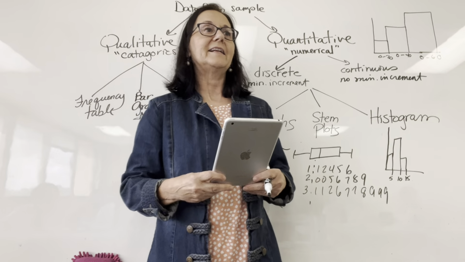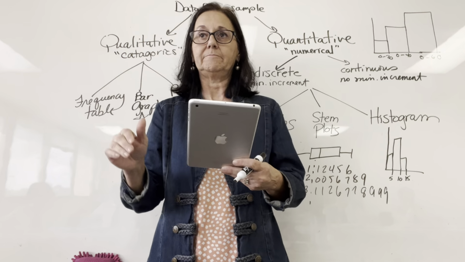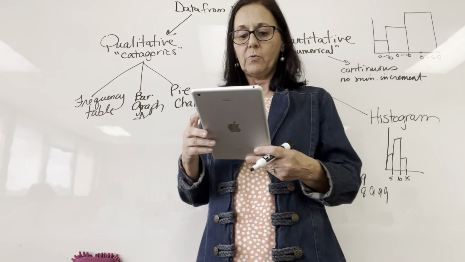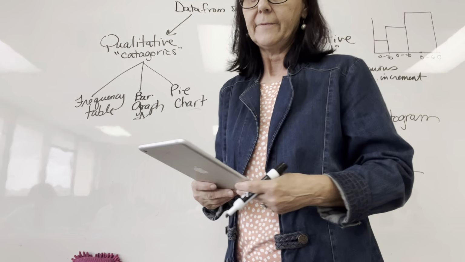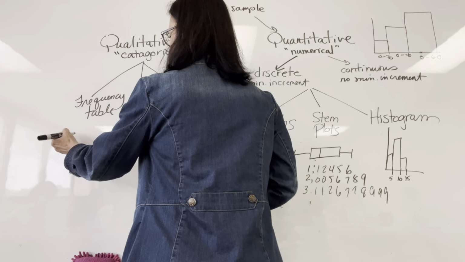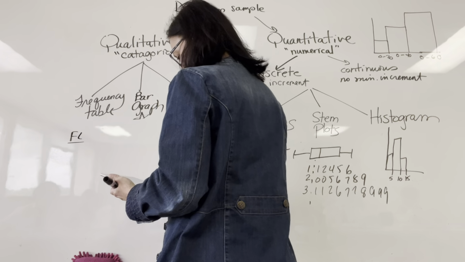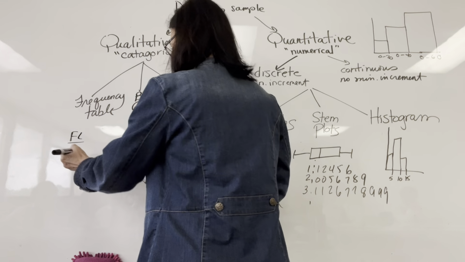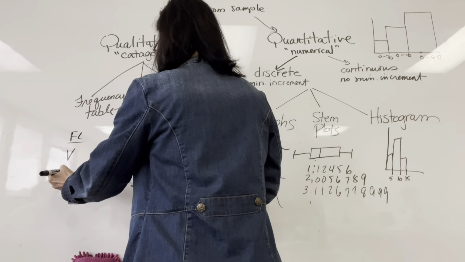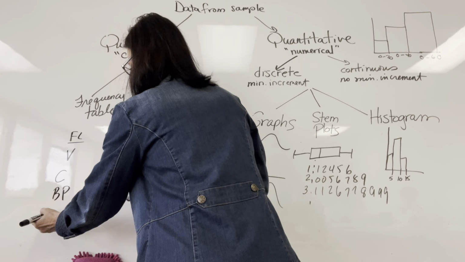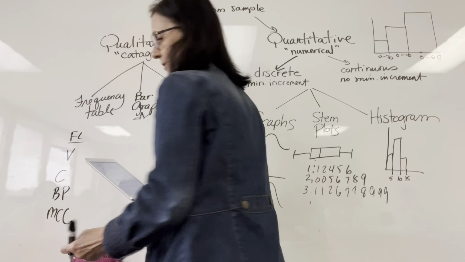Here we go. A group of 30 people were asked about ice cream. Their choices were vanilla, chocolate, butter pecan, mint chocolate chip. Here's the frequency table. The flavor is vanilla, chocolate, butter pecan, mint chocolate chip.